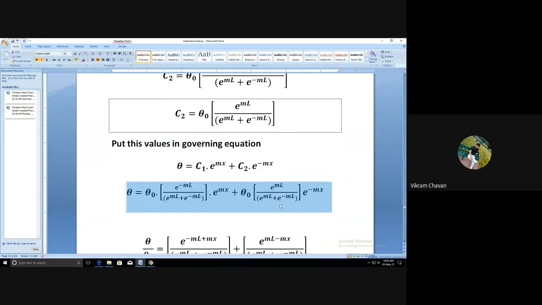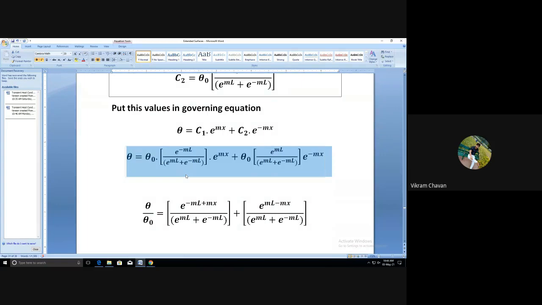Write down theta is equal to C1 e raised to mx plus C2 e raised to minus mx. Put the values of C1 and C2 in this equation.